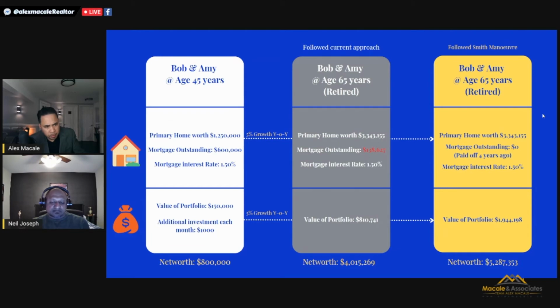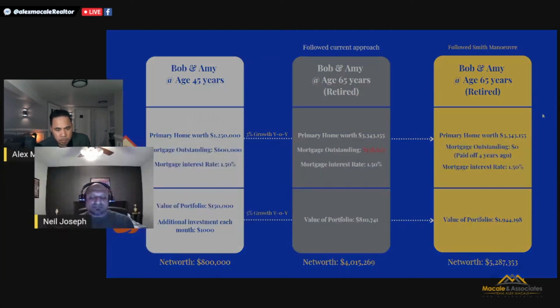Most people tend to have a re-advanceable mortgage if they have a mortgage from one of the big five banks. But I would say 9 out of 10 clients or borrowers do not make use of it. It is just sitting there, and they're using it as a traditional mortgage.